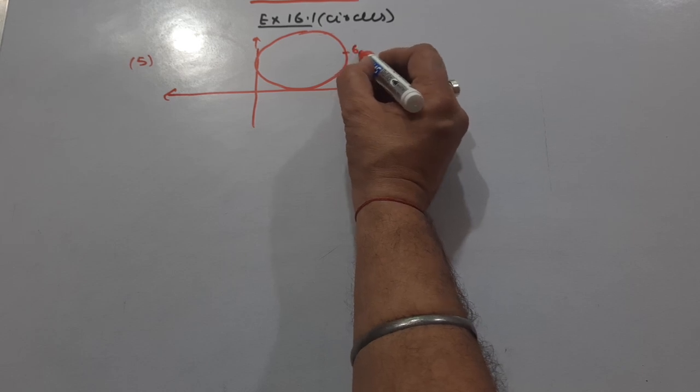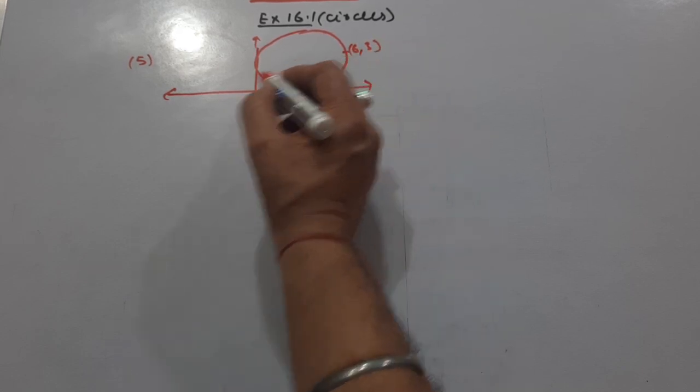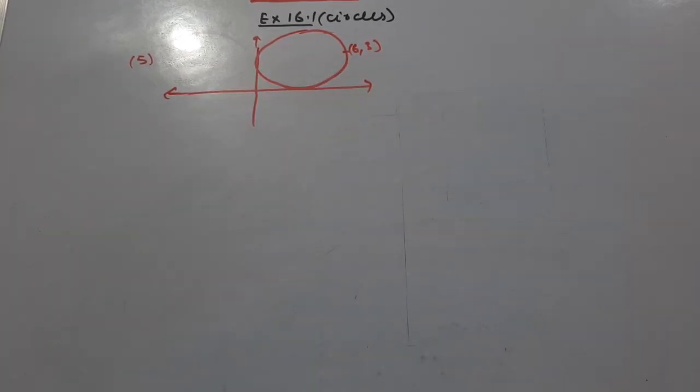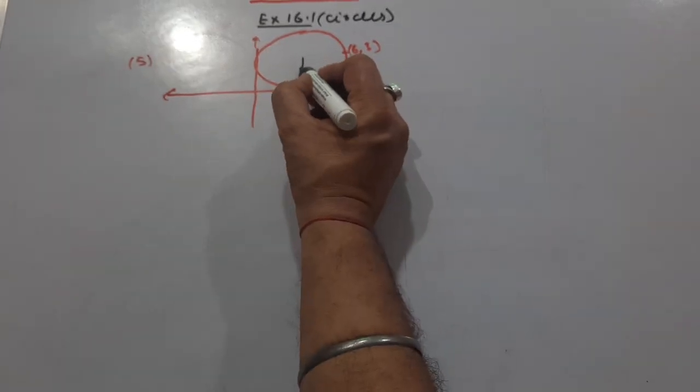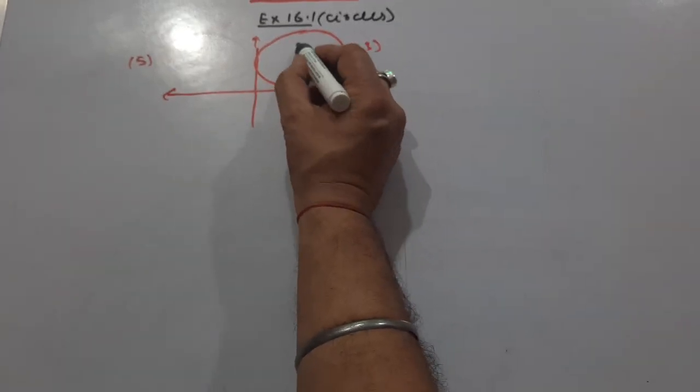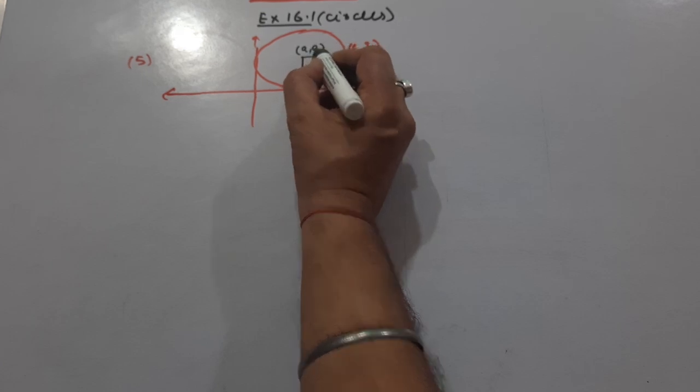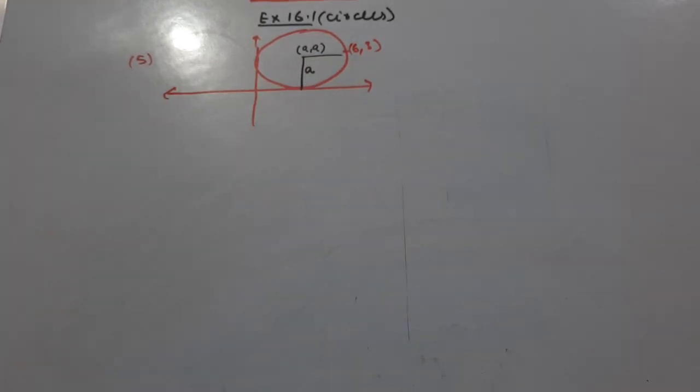So this is the point (6, 3). Now because the circle touches both the axes, the radius and center coordinates will be same. So the coordinates of center will be (a, a) and radius will be a.